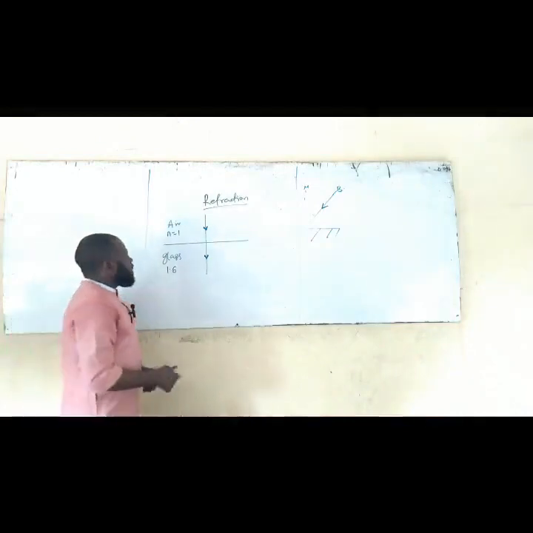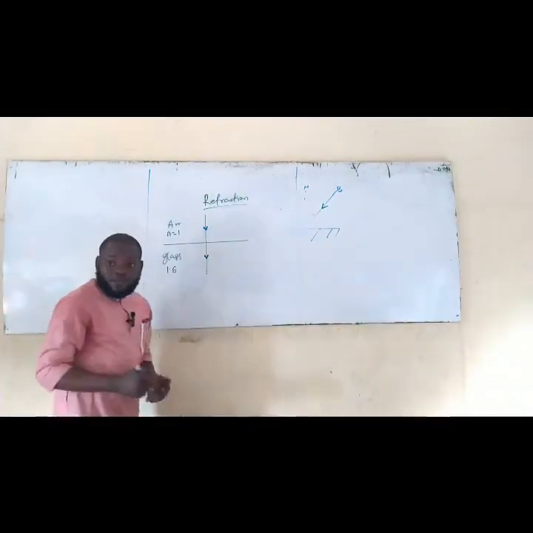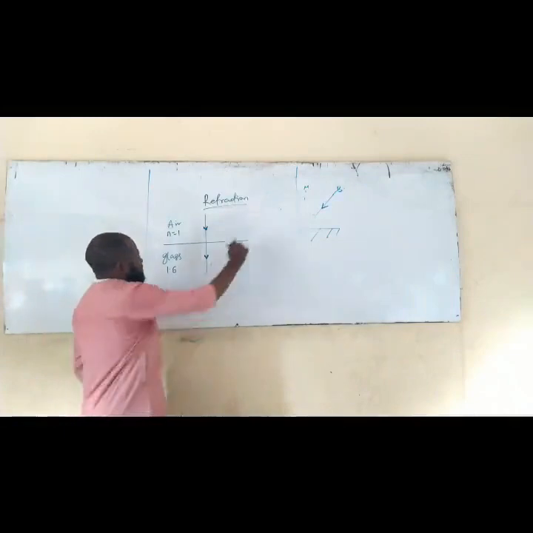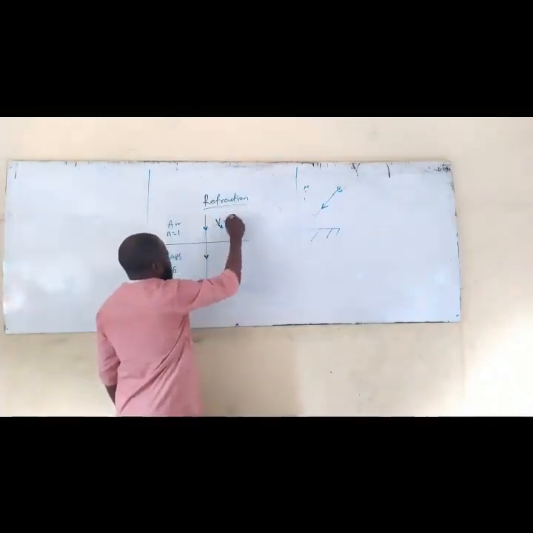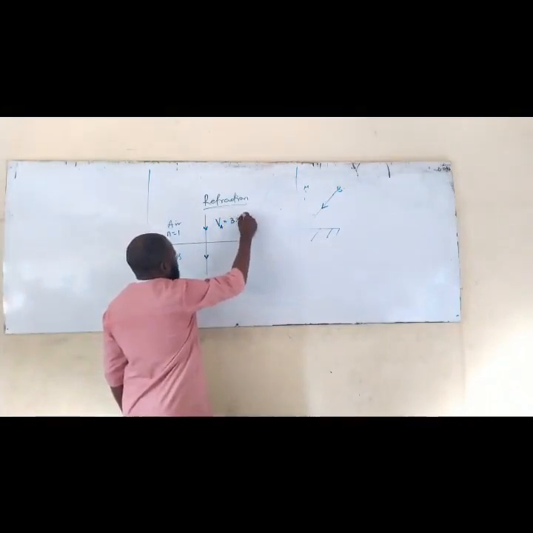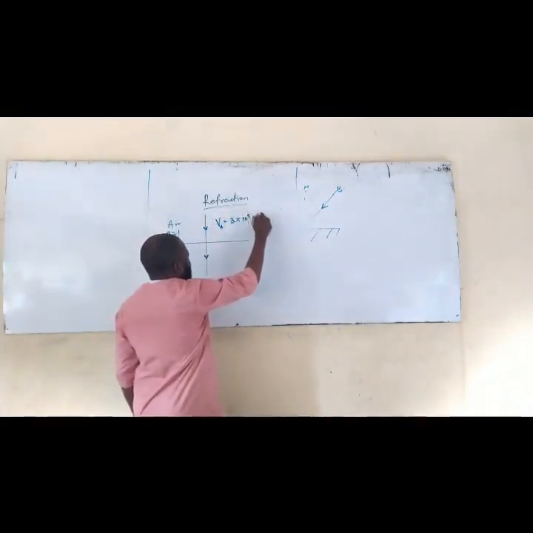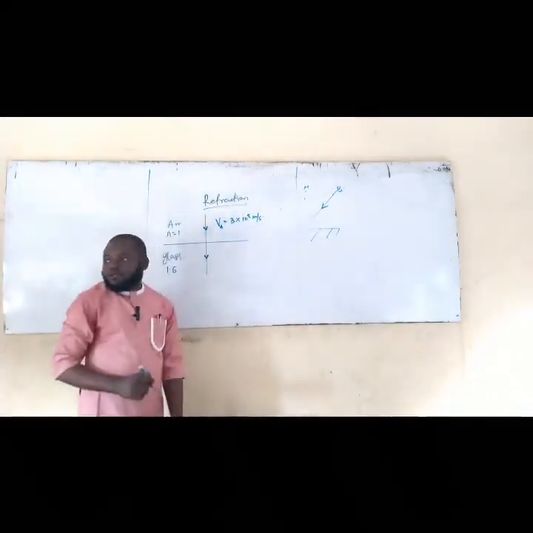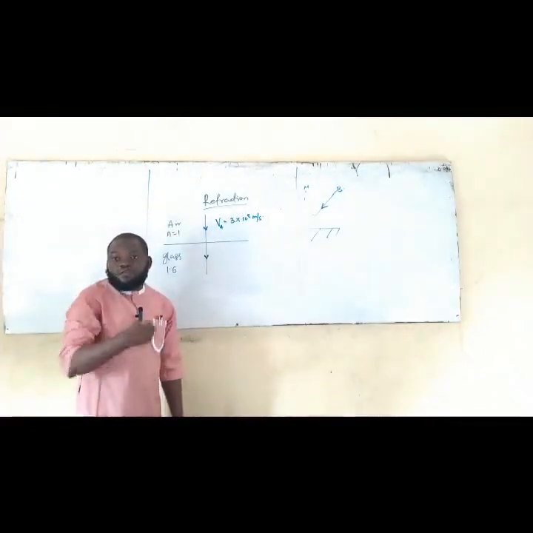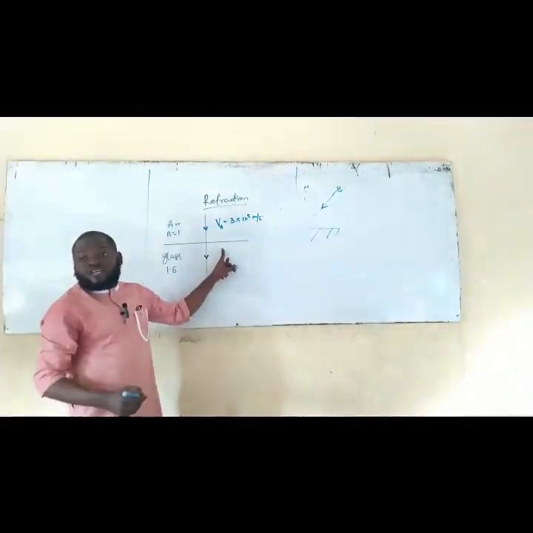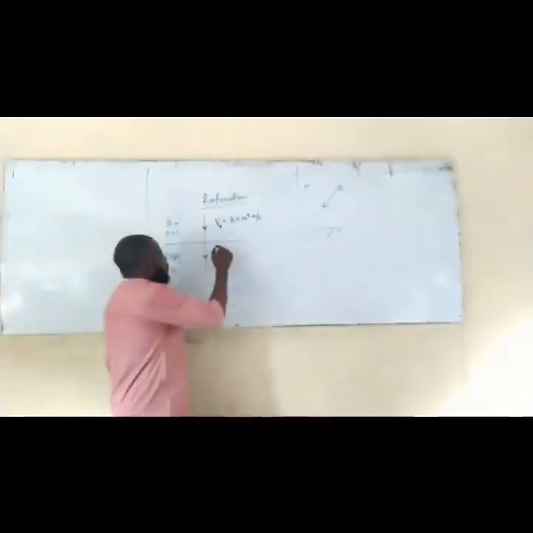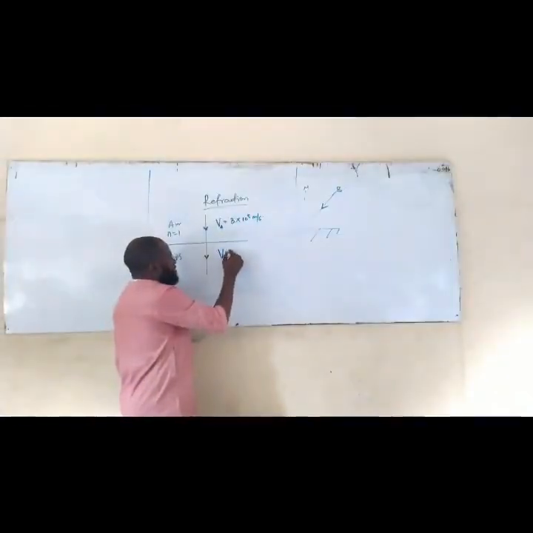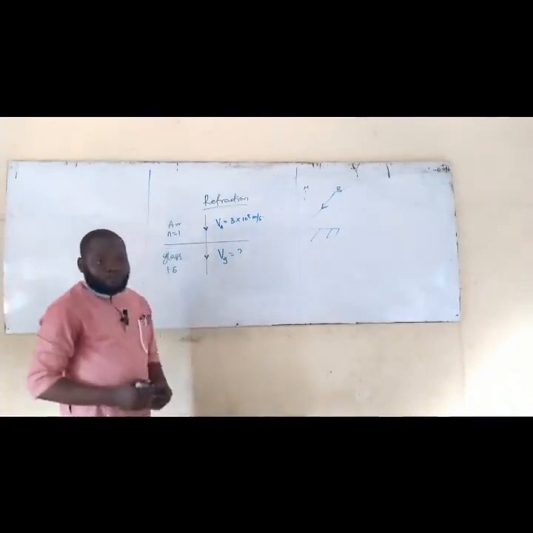So the speed of light in air, let's say VA, is given as 3 times 10 to the power of 8 meters per second. So the speed will change when it enters into the glass. Am I making sense, guys? So what we want, the speed of light in the glass, we don't know.